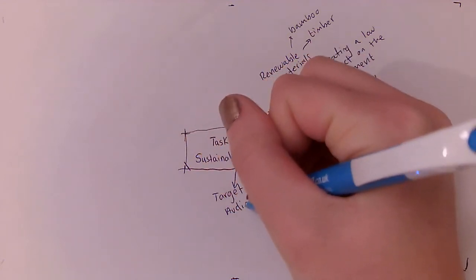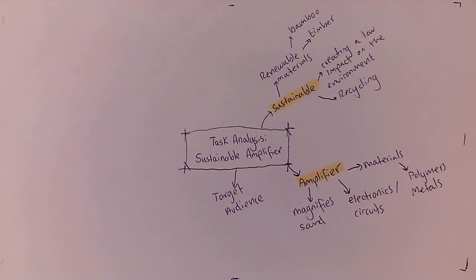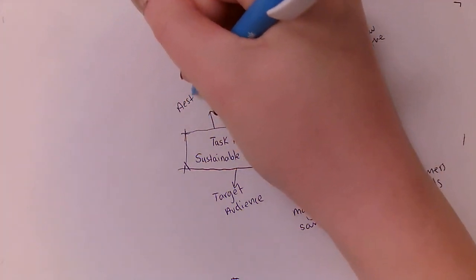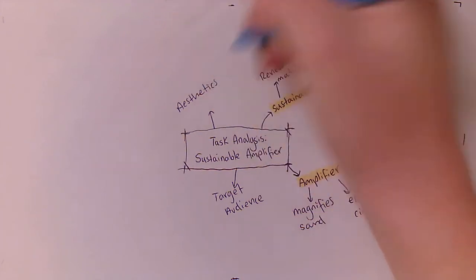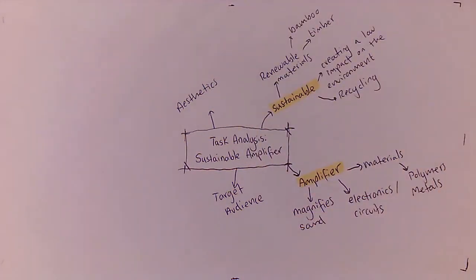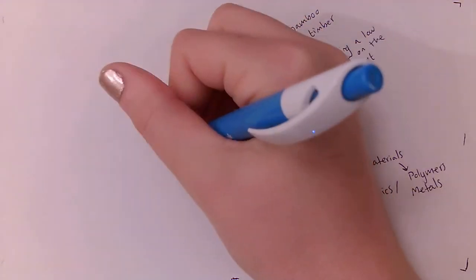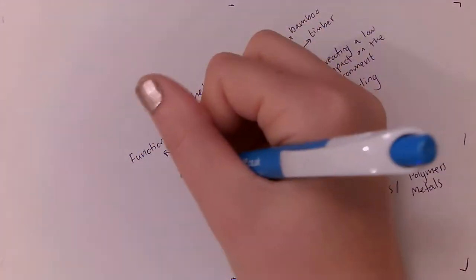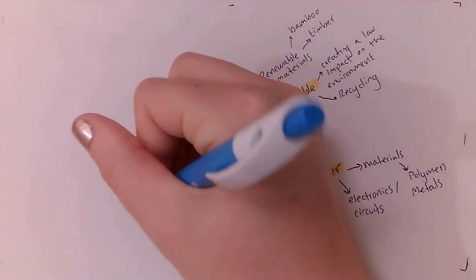So target audience. We need to think about the aesthetics of the product, so what it's going to look like, any themes, colours, etc. We need to think about the function. There we go. And we also need to consider what materials we have to work with.